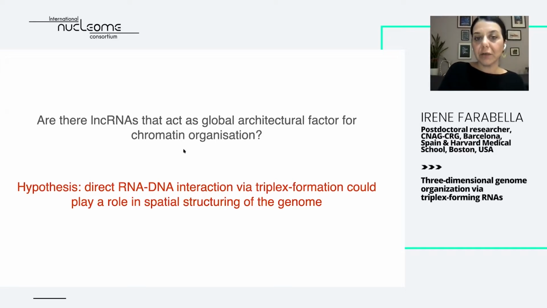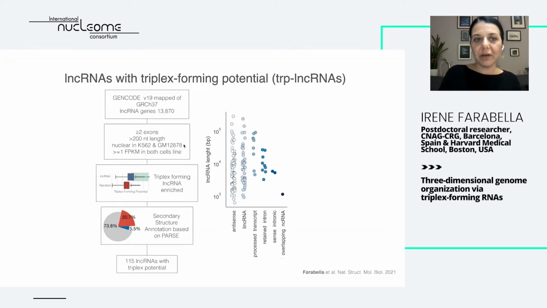So for this, at first, we bioinformatically identified long non-coding RNAs that have a high triplex-forming potential, that are expressed in multiple cell lines, and importantly, once we identified the triplex-forming oligo stretch or domain on the RNA, we checked that this domain is not in a double-stranded secondary structure annotation, suggesting that it is free to engage in triplex structure.